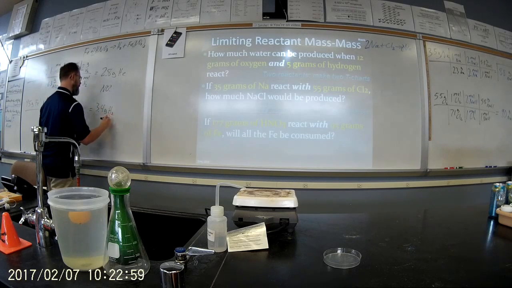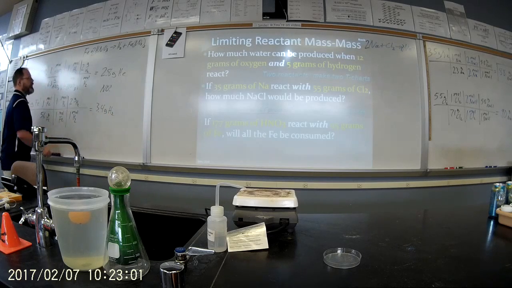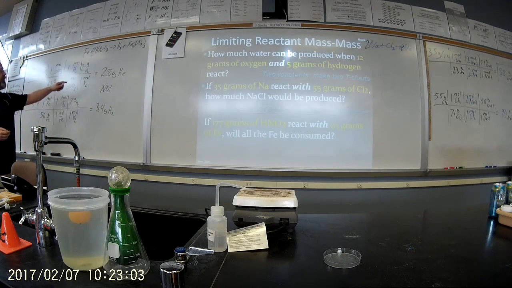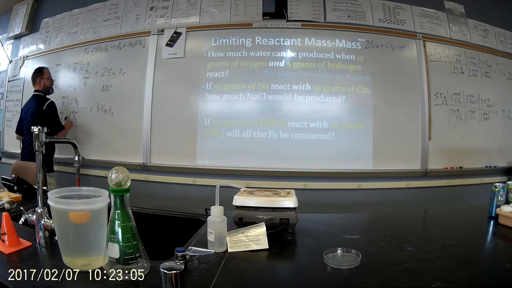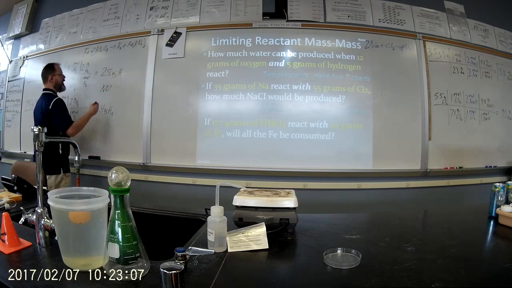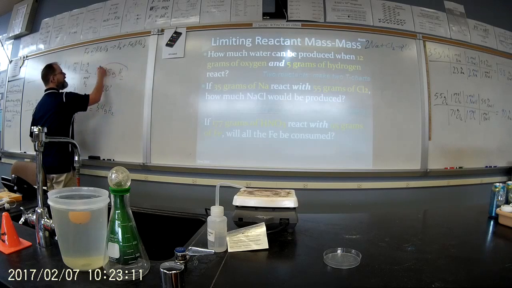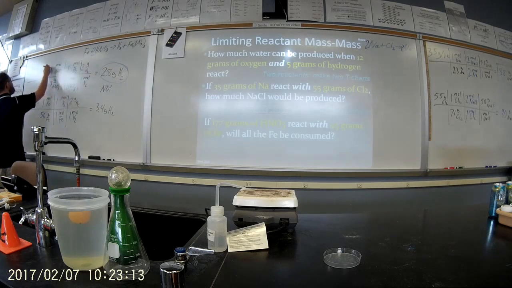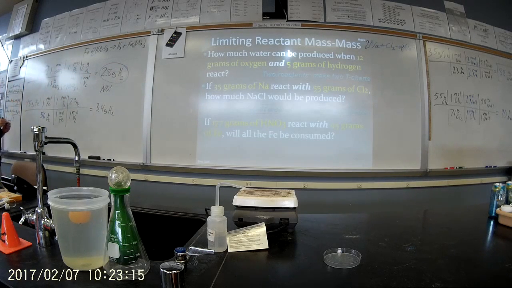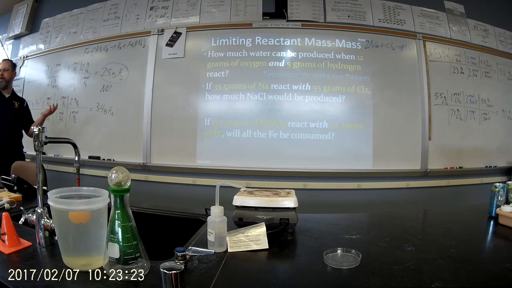Excellent. So, 2.8 grams of H2. Obviously, this gives us our limiting reactant. So our limiting reactant is the HNO3, the nitric acid. That means that nitric acid is going to get used up first, and there will still be some iron hanging around. So no, not all the iron will get used up.